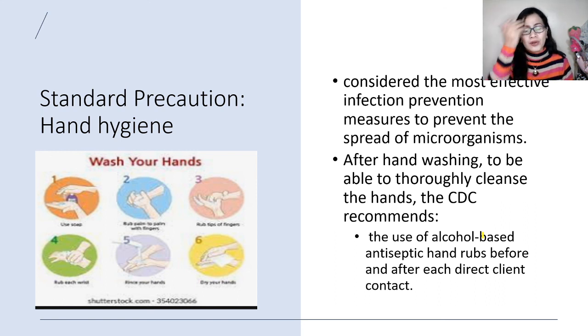After hand washing, to thoroughly cleanse the hands, the Center for Disease Control recommends the use of alcohol-based antiseptic hand rubs before and after each direct client contact. This is practiced in hospitals or clinics in particular.